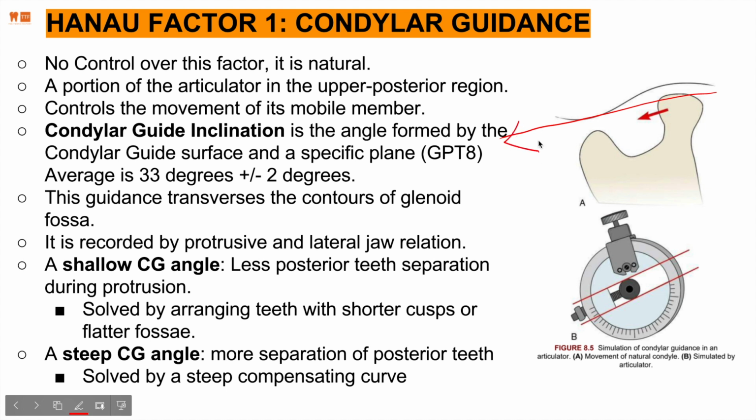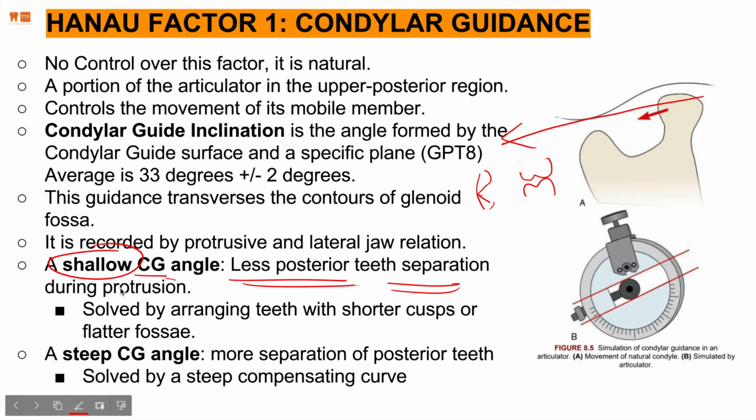Your condyle path is moving like that instead of moving like that, right? Instead of that, it's moving very shallow like this. Then your posterior teeth will not have much chance of separating from one another when it comes to anterior teeth touching. So a shallow condylar guidance angle is less posterior teeth separation during protrusion.